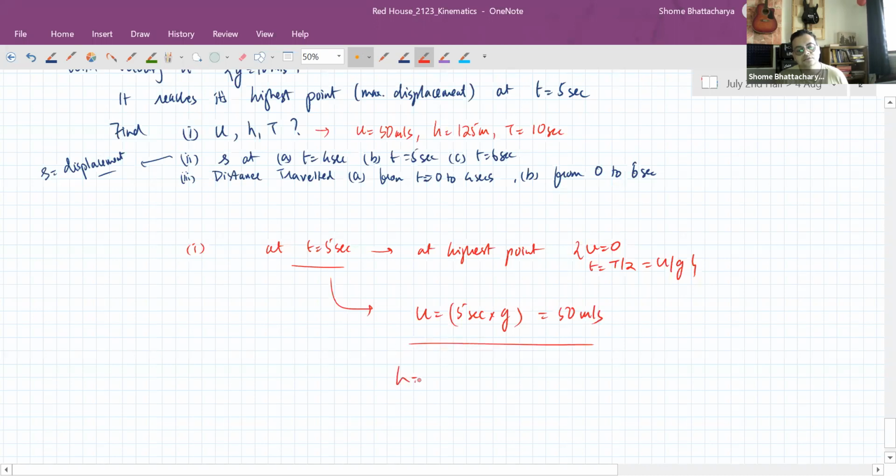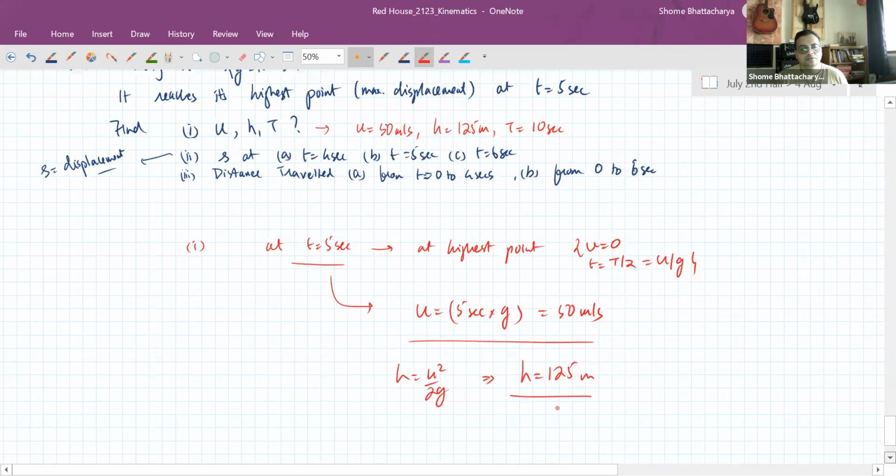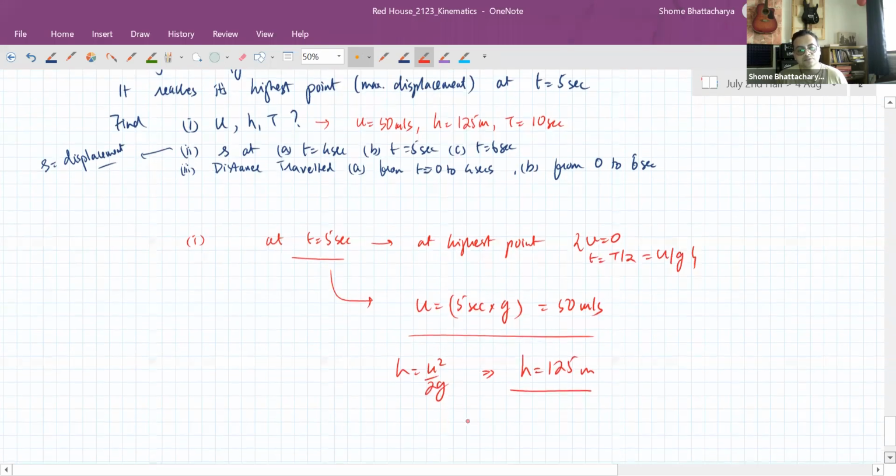From that, we know that maximum height becomes 125 meters and total time becomes 10 seconds, 2u by g. So these three things come directly.